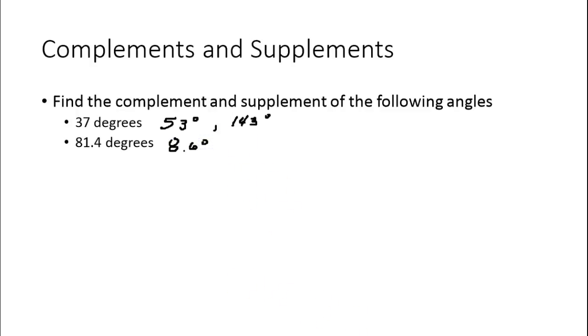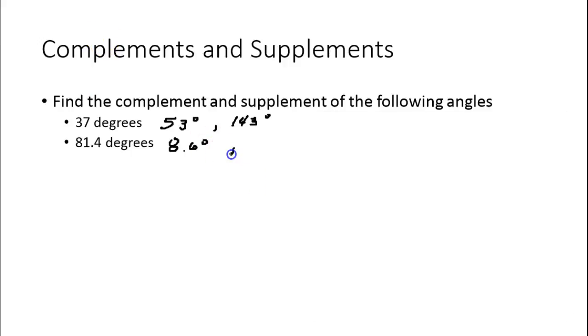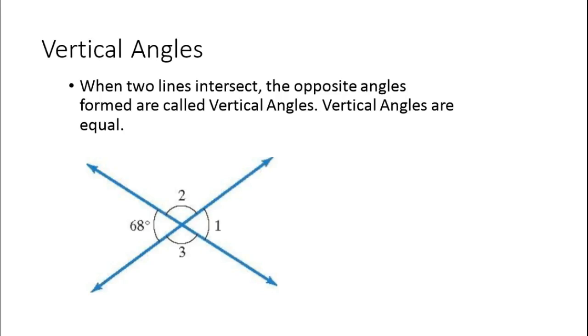Let's find the supplement of 81.4 degrees. 180 minus 81.4 equals 98.6 degrees. 98.6 degrees would be the supplement. So complements sum to 90 degrees. Supplements sum to 180 degrees.